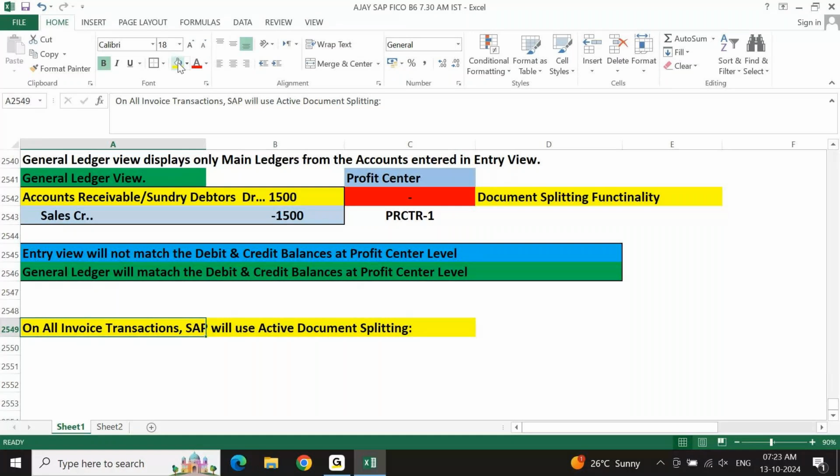On all invoice transactions, SAP will use active document splitting. Now, is this an invoice transaction or not? Yes. In an invoice transaction, the system will be using active document splitting.